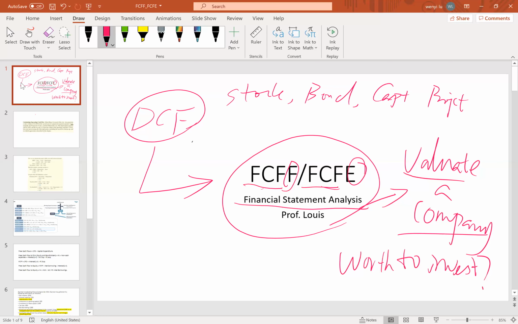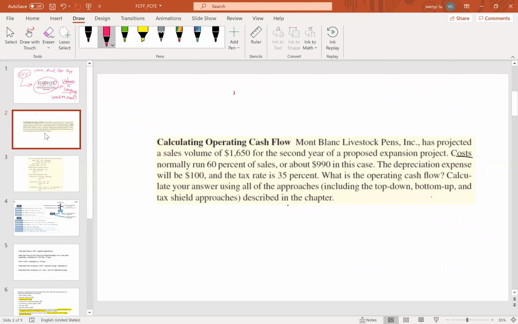So let's review the operating cash flow we studied in the last class. Let's do this question together. In this question, we want to solve for the operating cash flows.